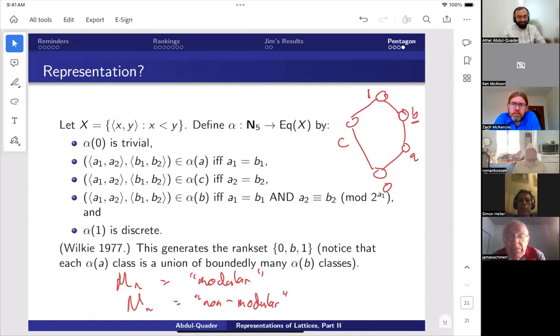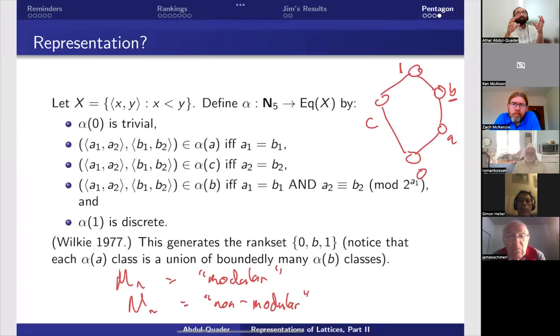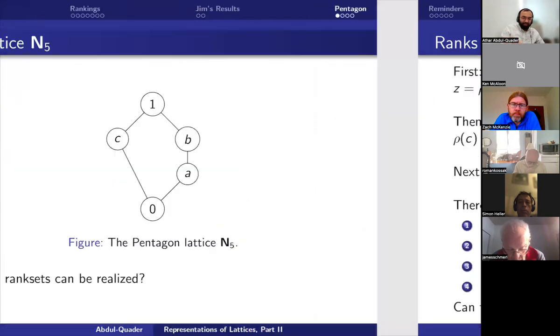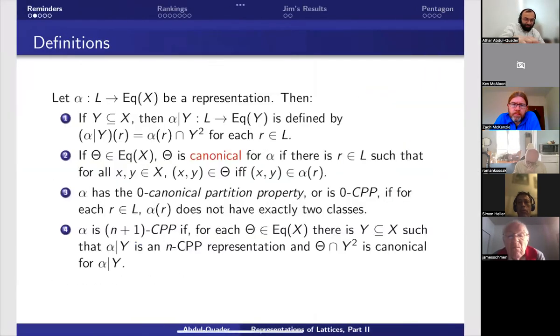And so when Roman mentions these non-trivial combinatorics, there's a lot of non-trivial combinatorics in going from a congruence lattice to a representation that satisfies more and more of these canonical partition properties that you want.